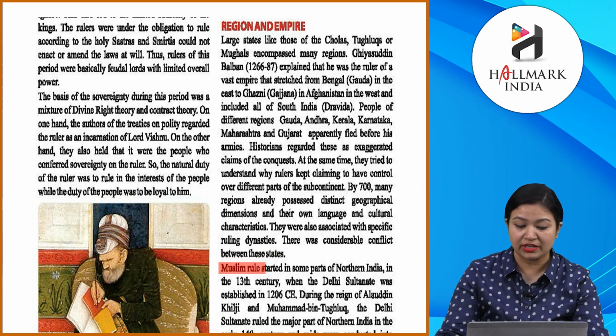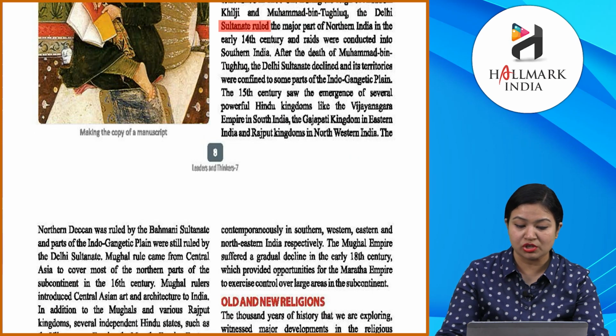Muslim rule started in some parts of northern India in the 13th century when the Delhi Sultanate was established in 1206 CE. During the reign of Alauddin Khilji and Muhammad bin Tughlaq, the Delhi Sultanate ruled the major part of northern India in the early 14th century and raids were conducted into southern India.